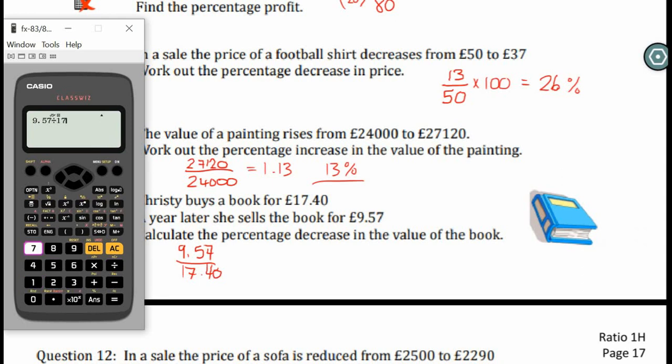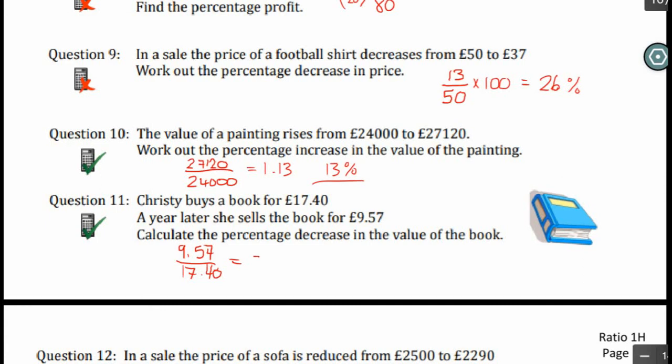So 11/20ths or 0.55. So this is a percentage reduction of 45%. Okay, because a multiplier, you would times something by 0.55 if you wanted to decrease it by 45%. Okay, we'll go through the next page on the next video.